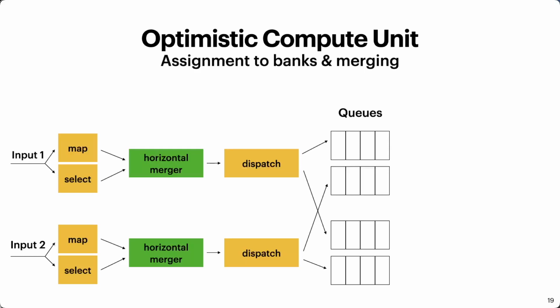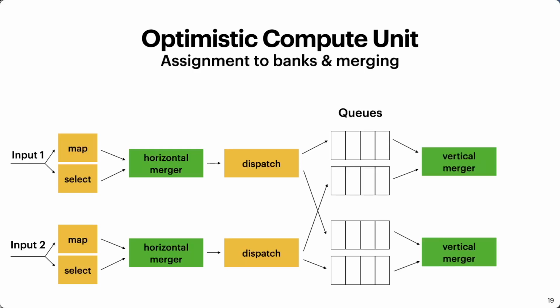Then the dispatcher takes over and assigns the offset increment pairs to their corresponding bank, and puts them in a queue. Then we have a vertical merger for each of the banks, and the vertical merger just checks the queue heads and also tries to merge increments with the same offset when popping elements from the queues. Finally, the requests containing the offset and the increment are forwarded to the bank.